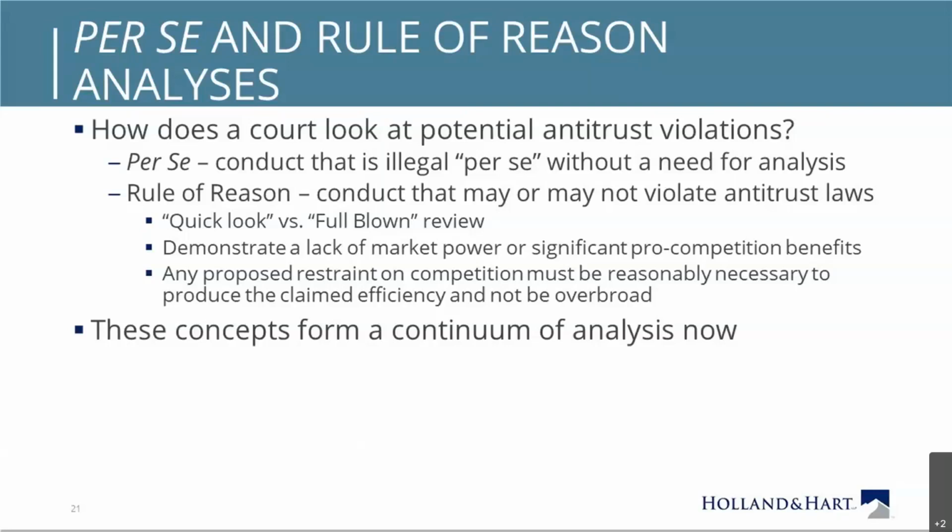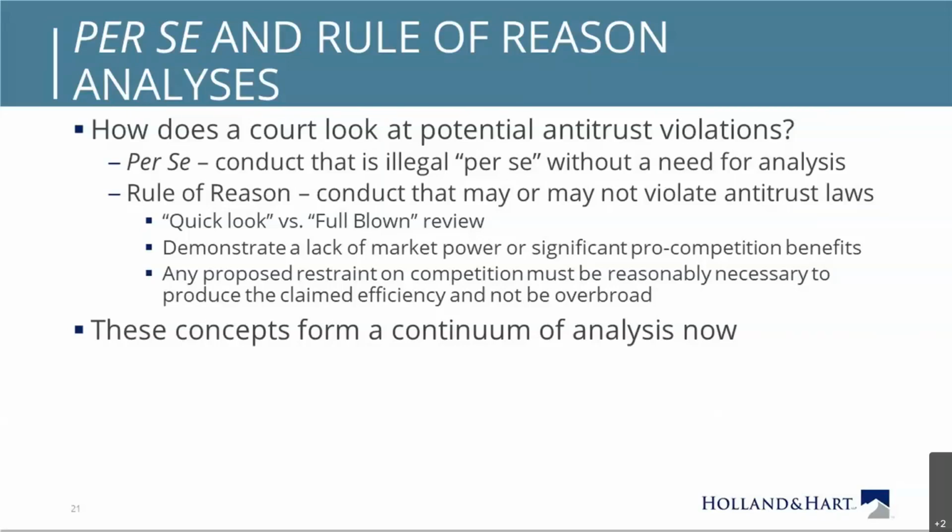And that can be a very in-depth analysis, a full-blown rule of reason review, or it can be a pretty cursory review, a quick look rule of reason, which is much closer to a per se violation. But what you're looking at in a rule of reason analysis is: is there market power, or are there significant pro-competitive benefits that go along with a transaction that might otherwise be deemed anti-competitive?